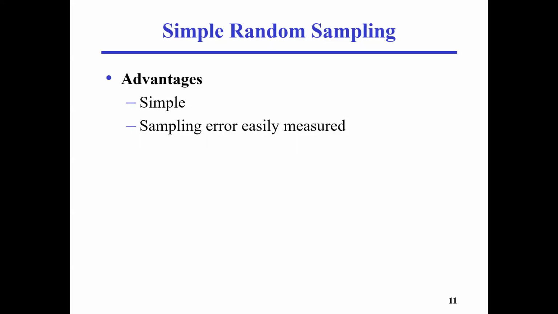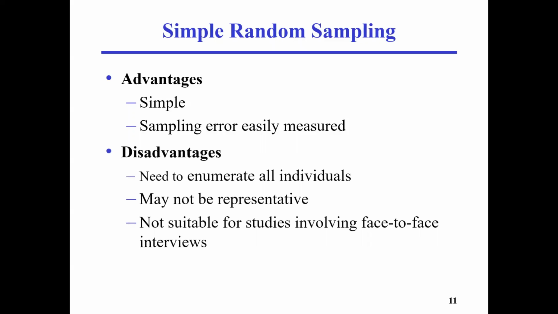So simple random sampling, right? You just number a lot of people and randomly choose some of them to do the interview or to finish the sampling. The advantage is simple, and the sampling error is easily measured. Disadvantage, you need to enumerate all individuals.